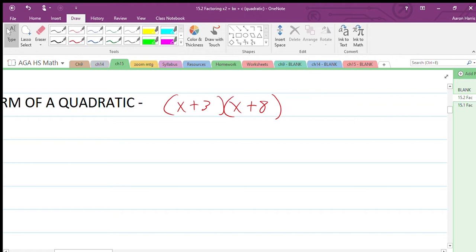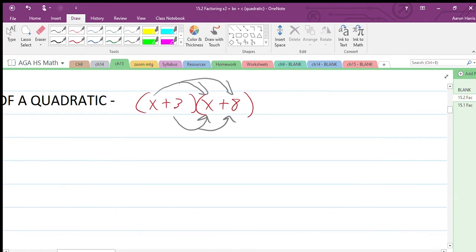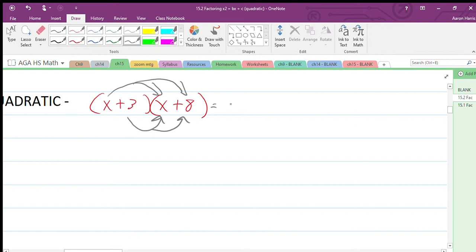Well, let's use what we already know, FOIL. If I multiply first and outer, then inner and last, that says x times x. Then add to it x times what? 8. Then you would add 3 times x.